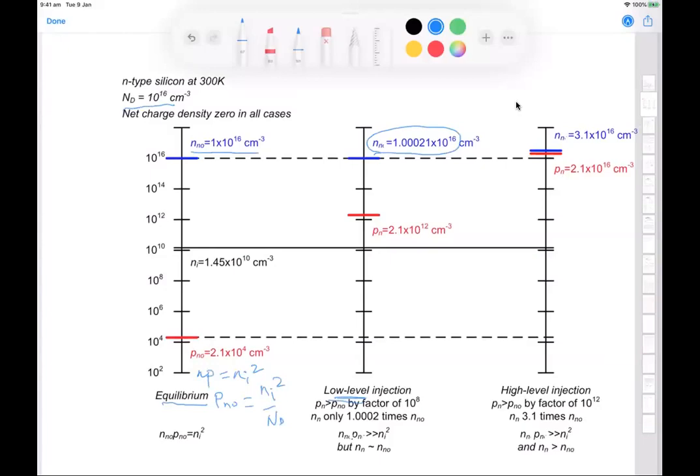However, the hole population is significantly disturbed, by 8 orders of magnitude. In the case of high-level injection, the population of the electrons, the majority carriers, and the population of the minority carriers are comparable, of similar size.